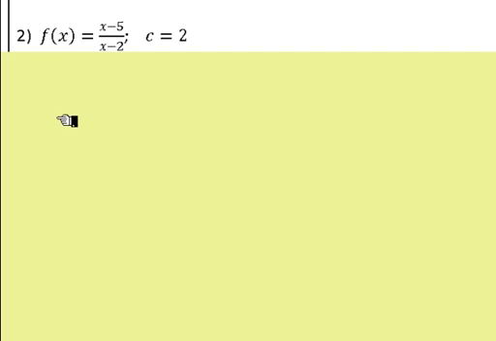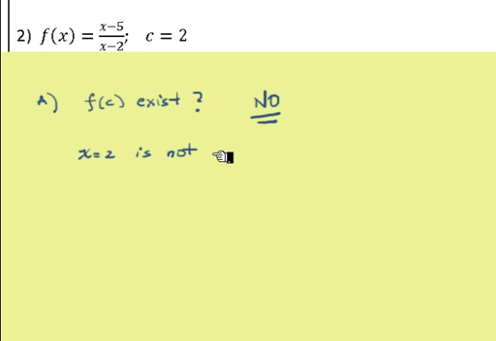Let's look at number 2. Again, we have to see if A, B, and C exist. So A is, does f of c exist? In this case, c is equal to 2, and 2 is a zero of the denominator, so the answer is no, because x equal 2 is not in the domain of f.